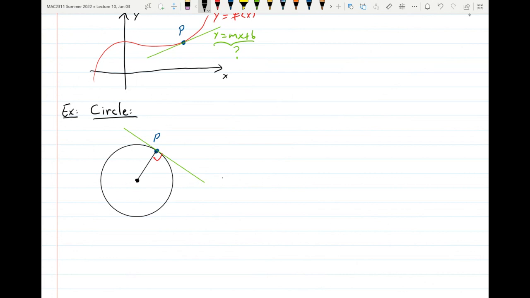So this is in the case of a circle. For a circle, yes, we can make sense of the tangent line.